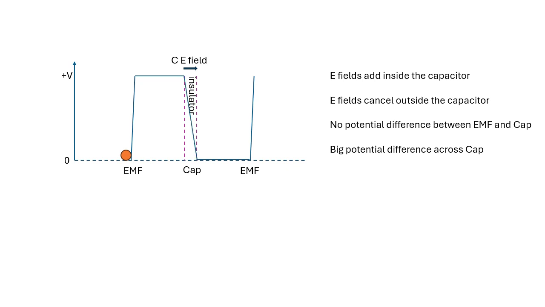That's the same size as the potential difference across the EMF. But what happens now is that the EMF can't push charges around this circuit. It can pump them up to the high voltage end, but they won't roll down to a lower voltage.